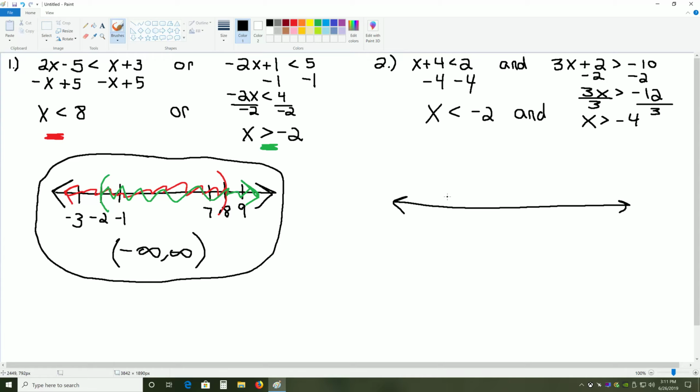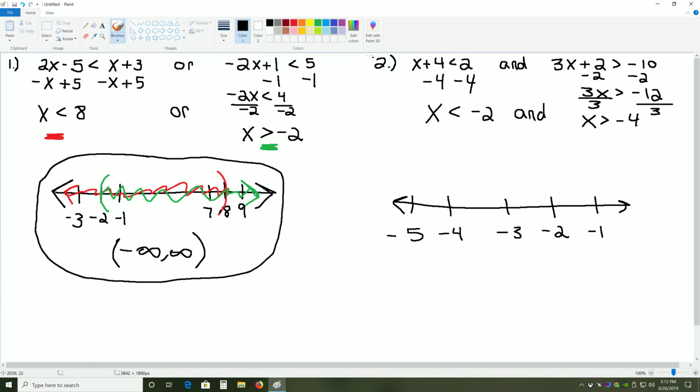We'll jot down our two values, -4 and -2. We'll pick a number to the left and right of each one. -3 and -1 for the -2, and then -3 and -5 for the -4.